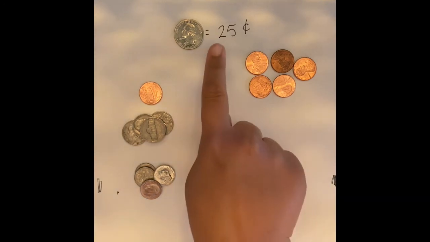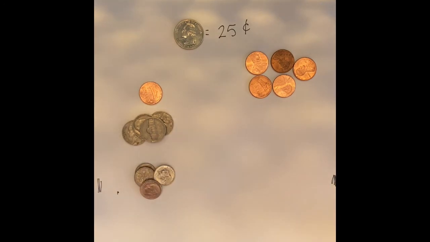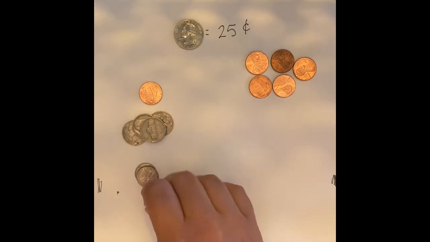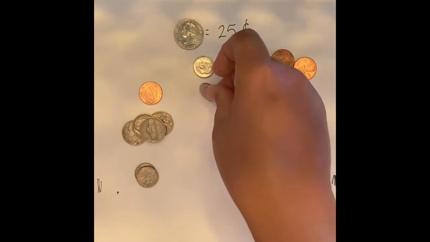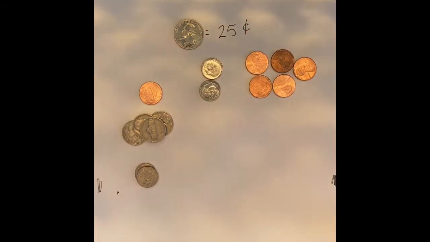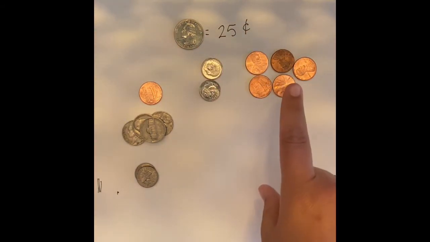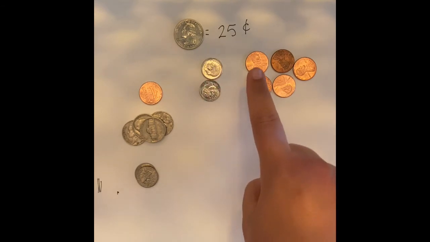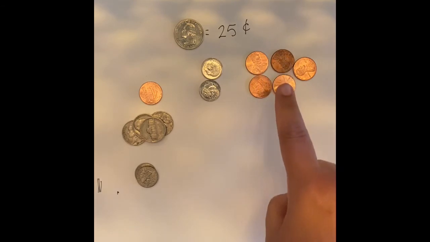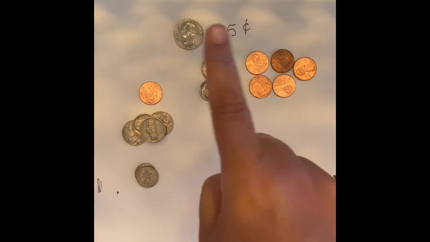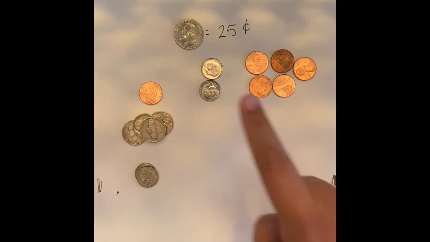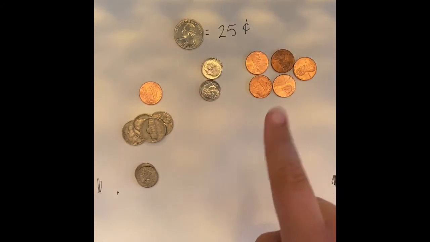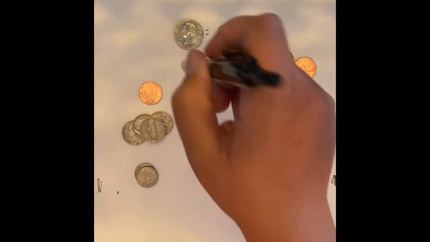And then how many tens do I need? I need 2 tens. 2 tens is worth 20, so it makes me think of dimes, a 10 and a 10. So there I have created 25 cents. 10, 20, 21, 22, 23, 24, 25. So there's one way to make 25 cents if someone gave me a quarter and asked me to give them change for it, okay? So let's do another way.